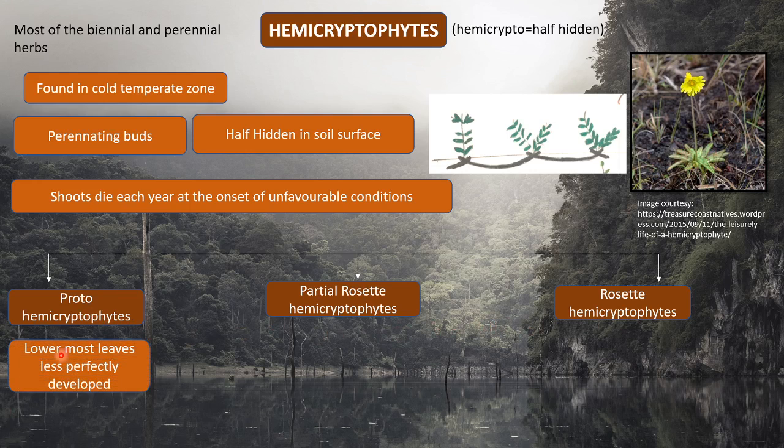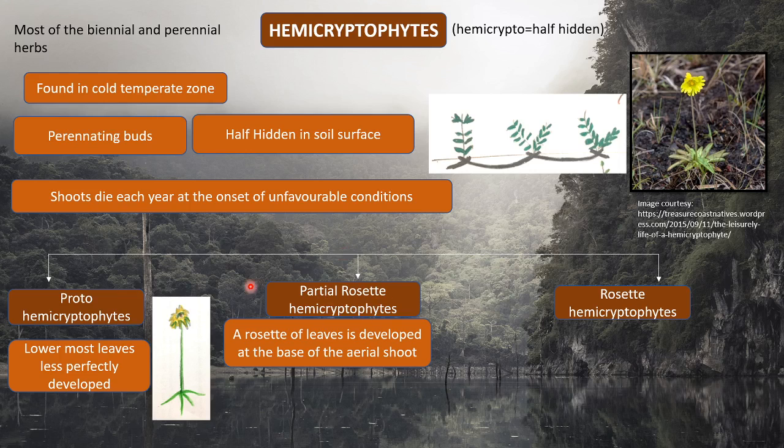First is proto-hemicryptophytes, the very first, primitive type of hemicryptophyte. These have lowermost leaves less perfectly developed. We can understand this with a diagram like this, where the leaves are present but not perfectly developed, as in here, right? So there are very less developed leaves present. These are proto-hemicryptophytes.